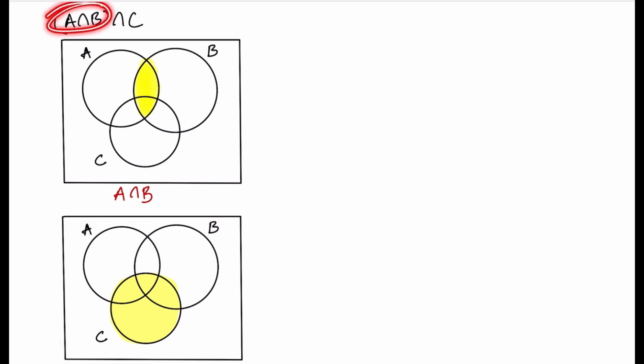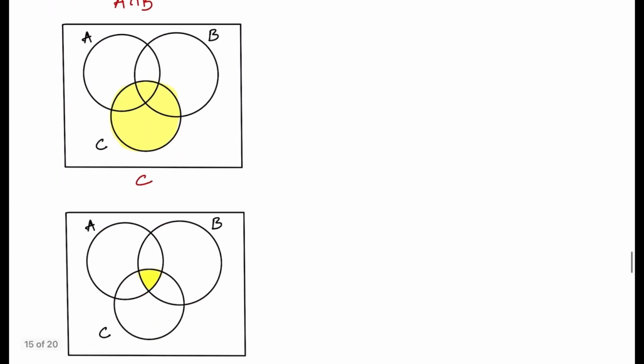First we shaded the region for A intersection B. Then in the next diagram we shaded the region for C. Then we found the intersection between A intersection B and C, meaning the common region between them, which was this region. That we have drawn in the final Venn diagram.